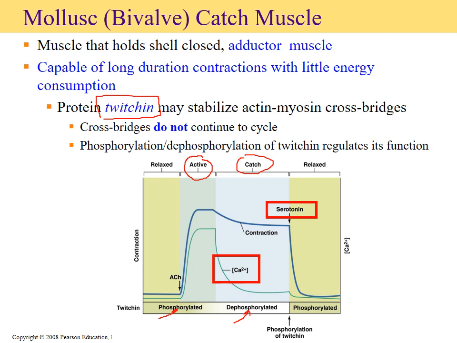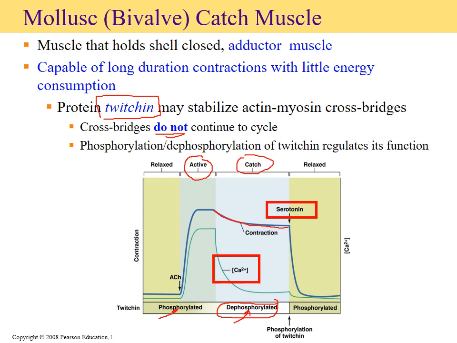But in fact, what we see happening with the catch muscle of our mollusks is that the cross bridges do not continue to cycle, and that's because the twitchin protein is going to go through its dephosphorylation step the minute the muscle becomes active. And when we see that it starts to phosphorylate again, that will then correspond with the end of the contraction. And as you can see, it takes quite a bit of time before it starts to phosphorylate.